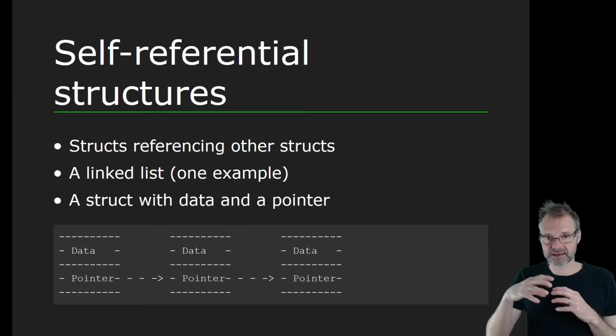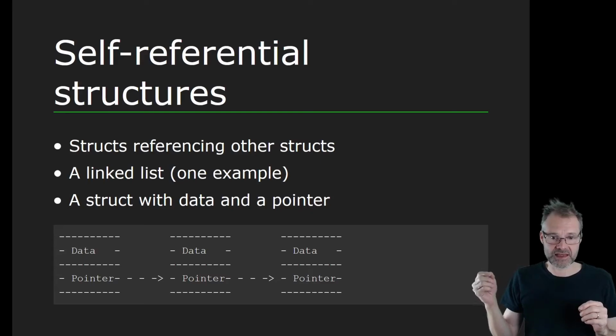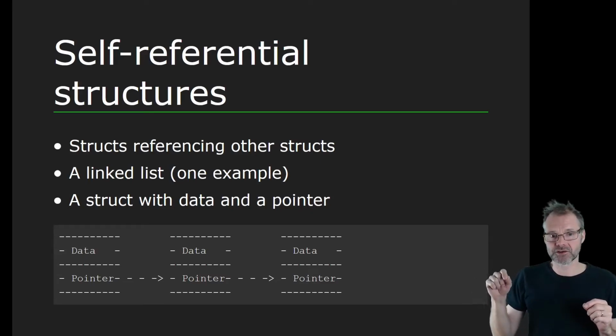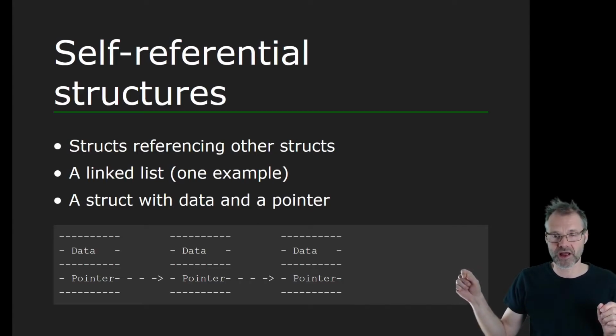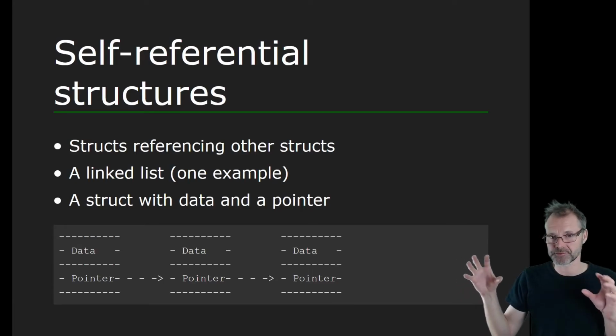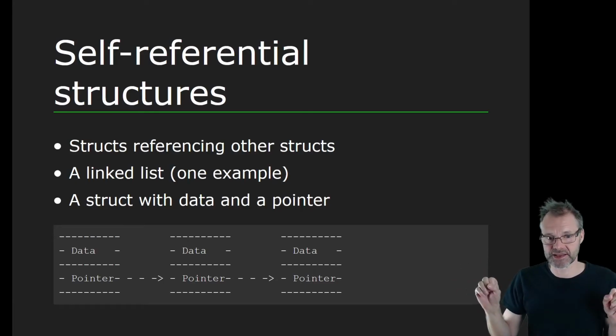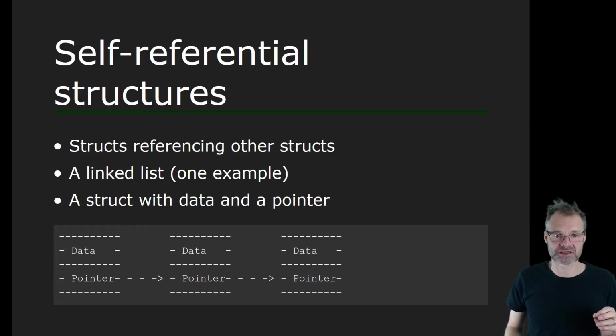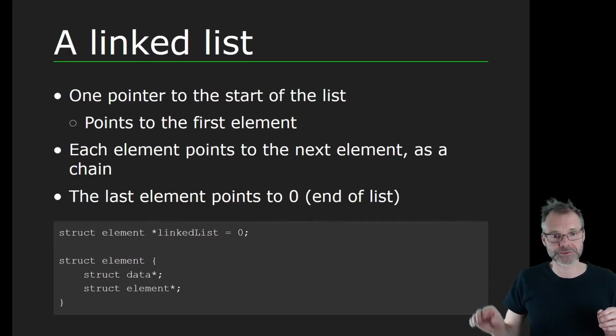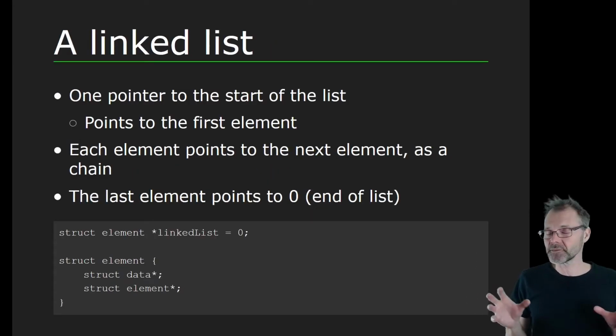The data can be any type of data. And the pointer will point to the next element in the list, and the next element, and finally it will point to 0, and then I know that the list has ended. This is the basic structure of the linked list that I'm going to create now. So what am I going to need in my program to actually carry this out?